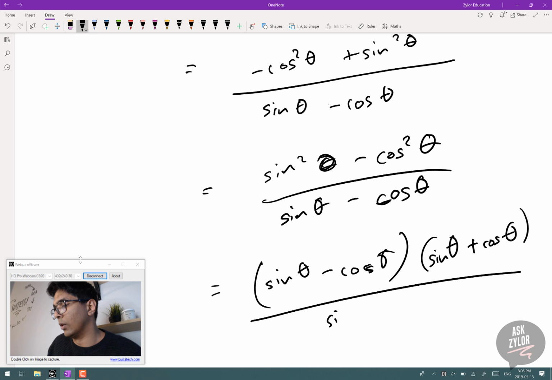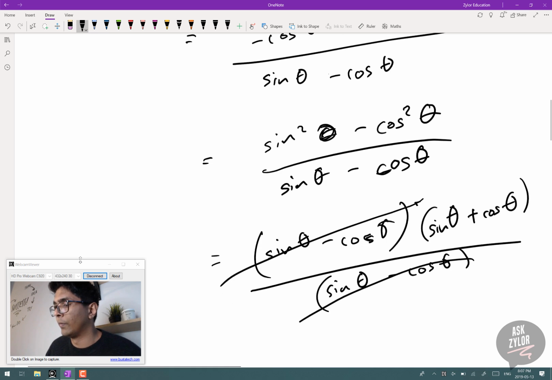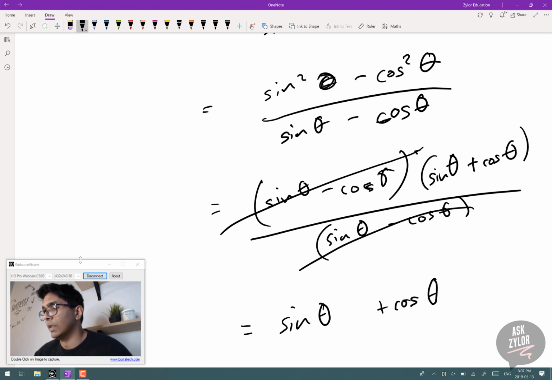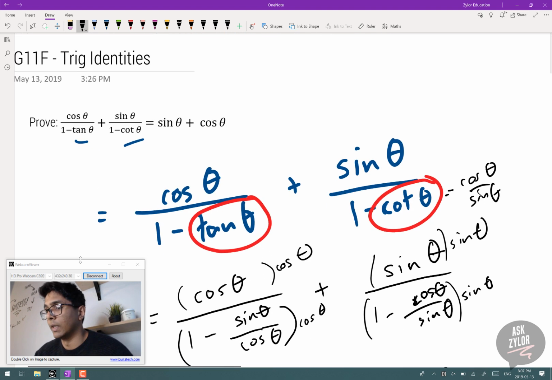Right? Now if we observe that we have the same term in the denominator and the numerator, I can cancel those out. Right, so what am I left with? I have just sine theta plus cos theta, which is what I had initially at the very top on my right hand side.